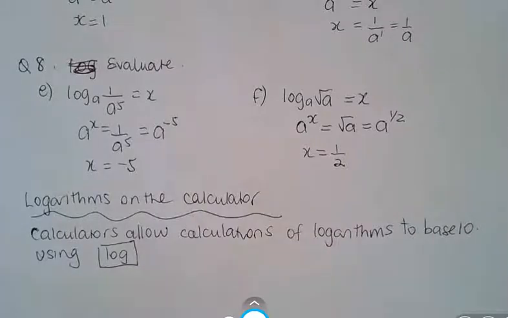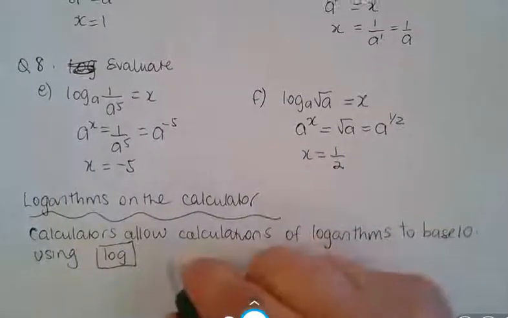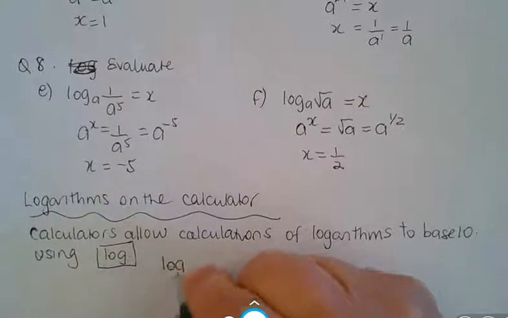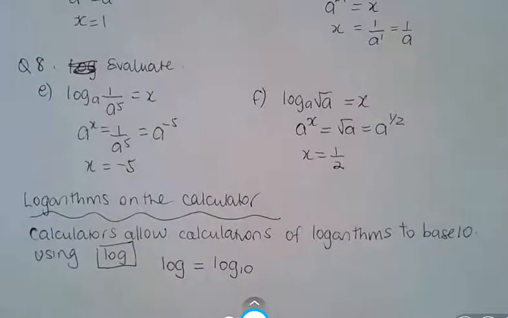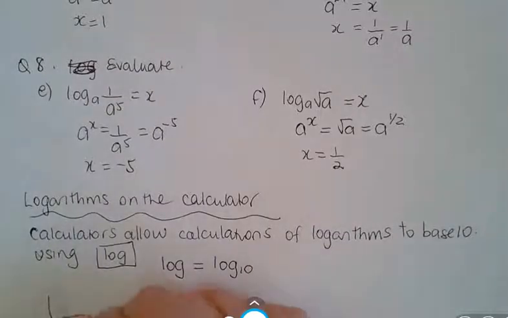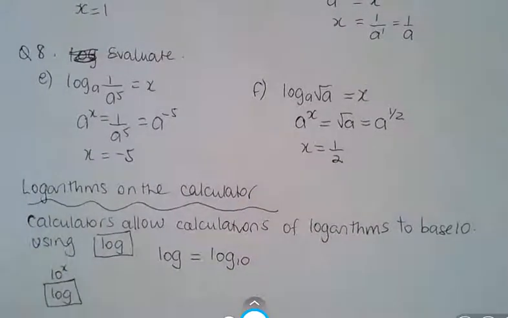That log function on your calculator really means log to the base 10. Is it on a key on its own? Is 10 to the power of x above it? On your calculator, you've got log, and I believe in orange, 10 to the power of x above it.